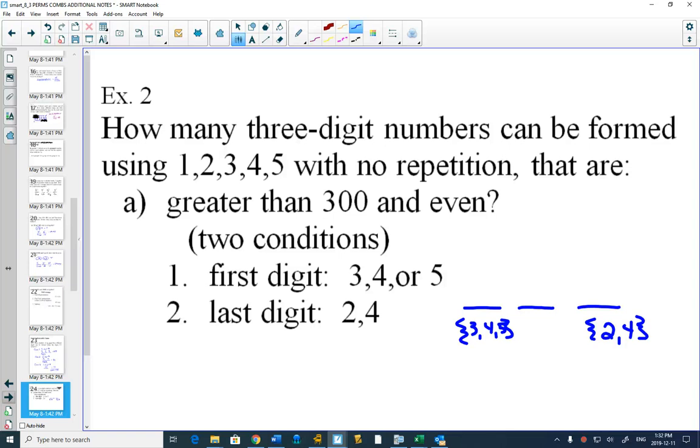And then with restrictions, you're supposed to deal with your restriction first. But here we have 2 restrictions. Which one do we deal with first? Well, let's say I decide to deal with this one first and put a 3 here. What number do I put in there? Should this be a 1 or should it be a 2?